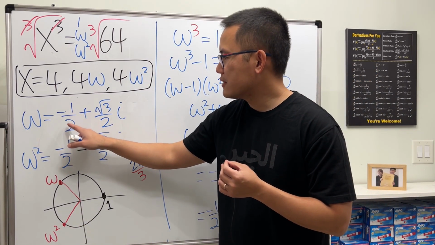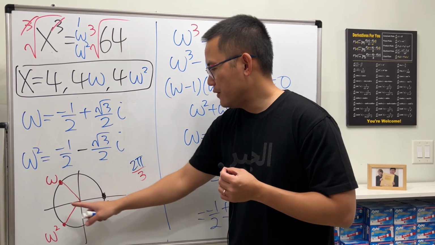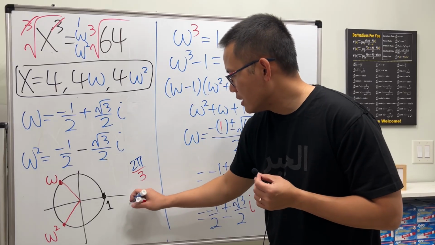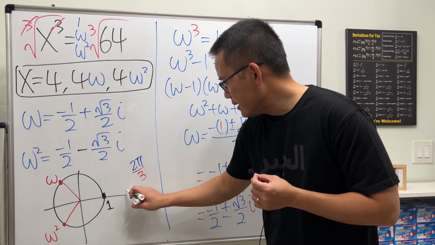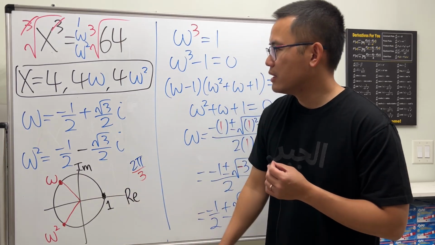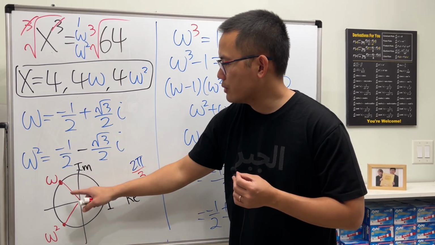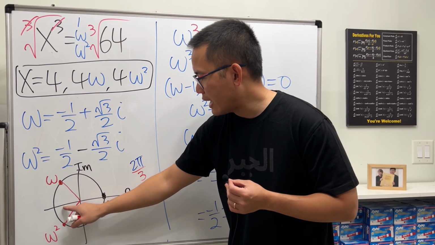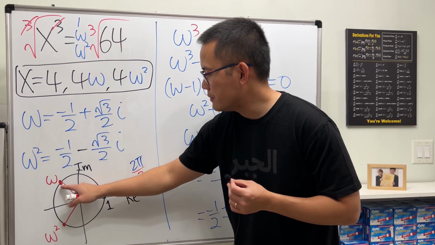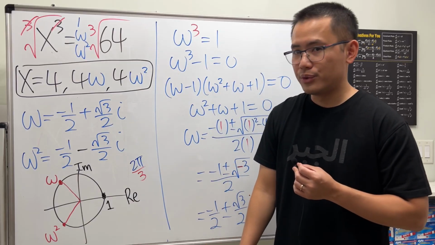You have the x value and also the y value if you look at this as the x and y axis. But technically, this right here is the real axis and this right here is the imaginary axis. But just look at this as the x value, which is negative 1/2. This right here is the y value, which is positive square root of 3 over 2.